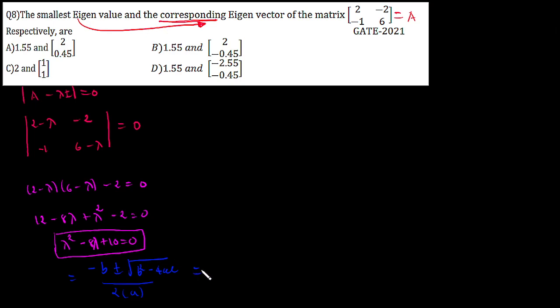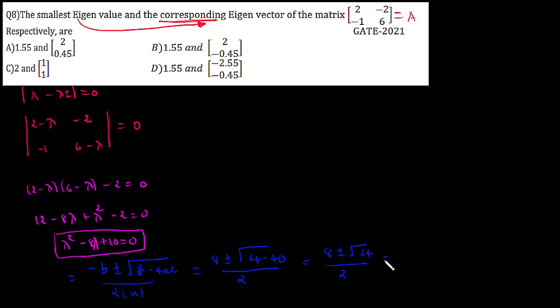So simply put all the values here. I can say plus 8 plus or minus under root of 64 minus 40, because 4 times 10 is 40, divided by 2. Let's simplify further: 8 plus or minus under root of 24, since 64 minus 40 is 24, divided by 2.